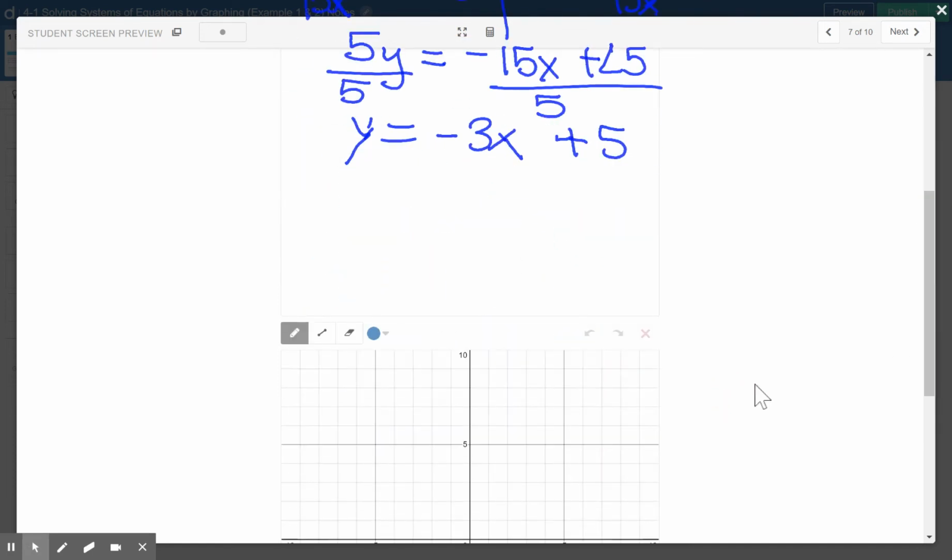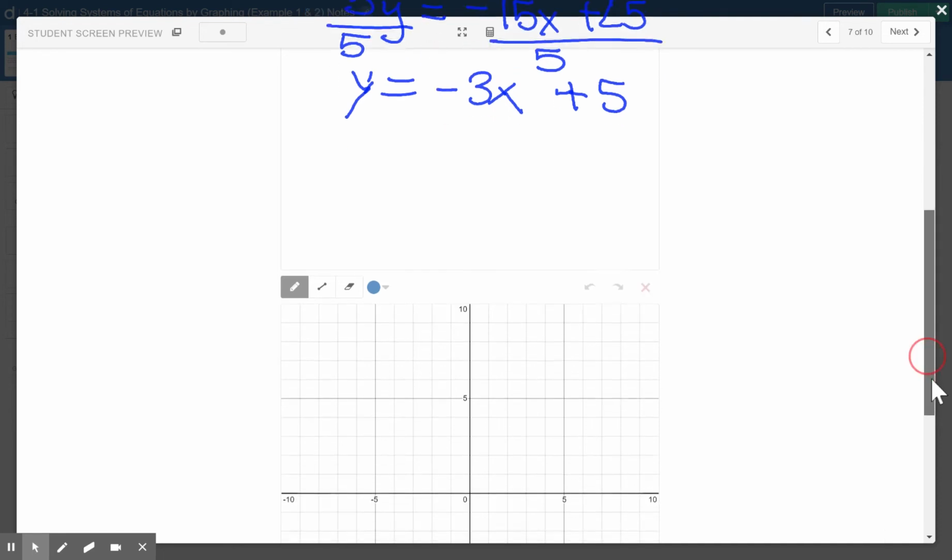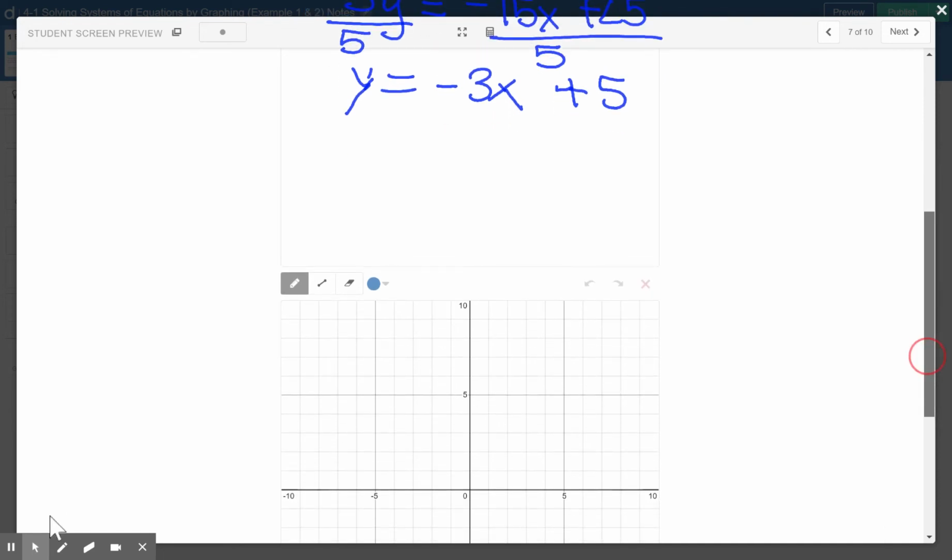So I am going to begin at 5. And I'm going to go down 3, right 1, down 3, right 1. And then I'm going to go up 3, left 1. And I'm going to draw my line.